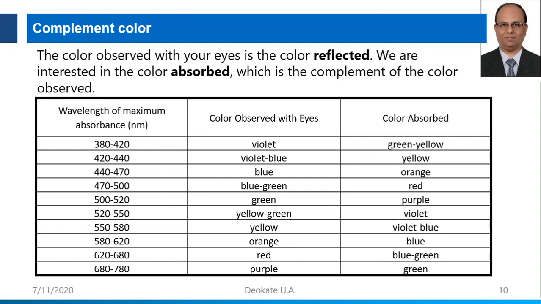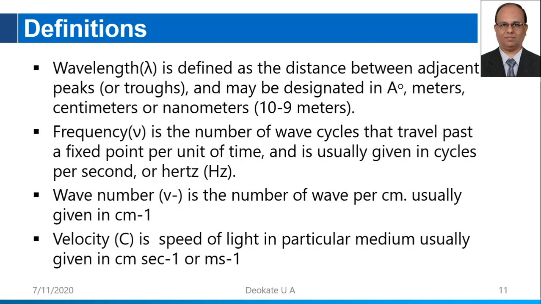What we are interested in is the color absorbed, which is known as the complement of the color observed. So we have given a list of various colors and their complement colors. If you see violet color with your eyes, the absorbed color is green and yellow. So this is how the various complement colors are listed in this table.